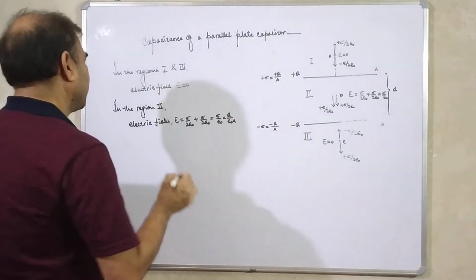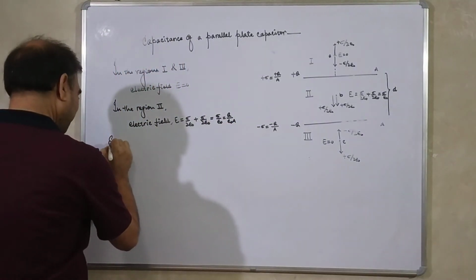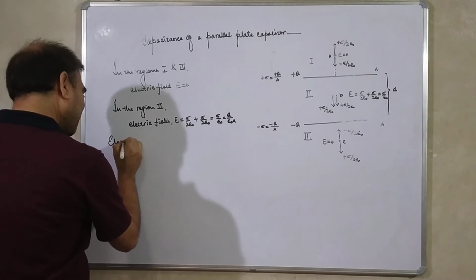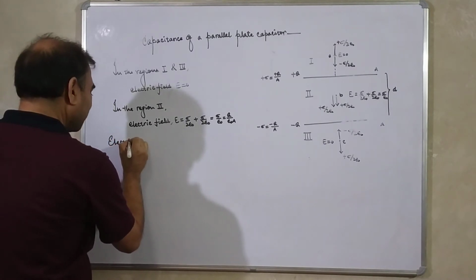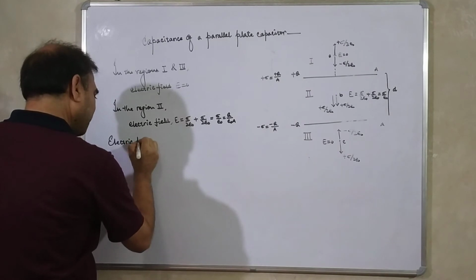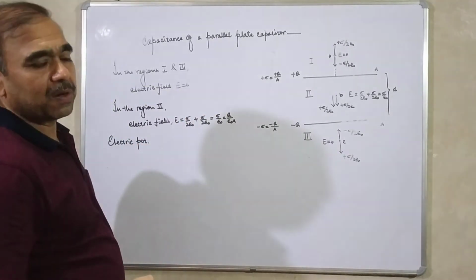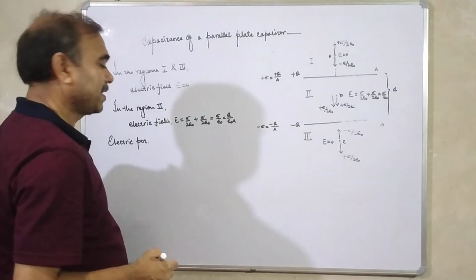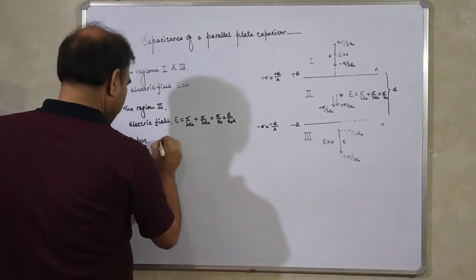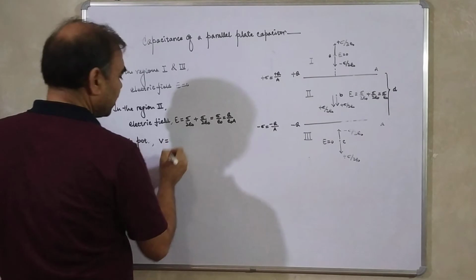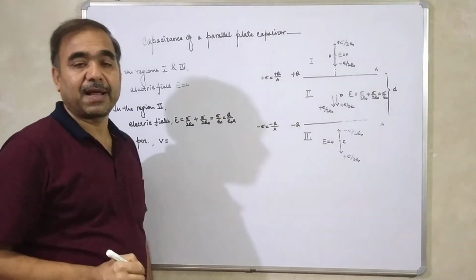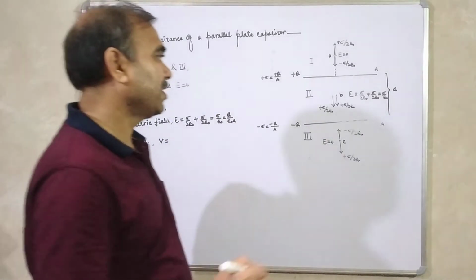Then electric potential at point C, or you can say in the region second, V is equal to, you know, the relation between electric field and electric potential.